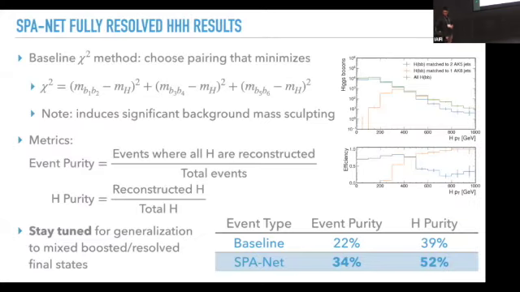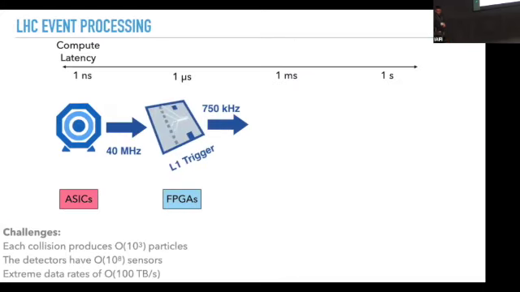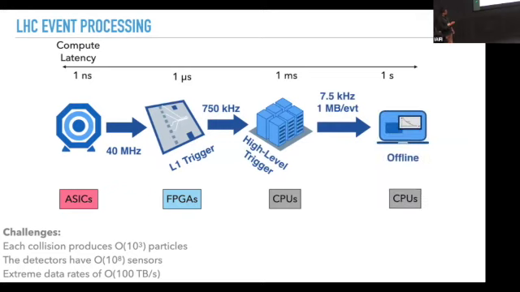I'm going to skip over this though, and just talk real quick about how we're actually doing fast machine learning also to enable this kind of stuff in the trigger. So what does the data processing look like? As I mentioned, we have these 40 million collisions per second.